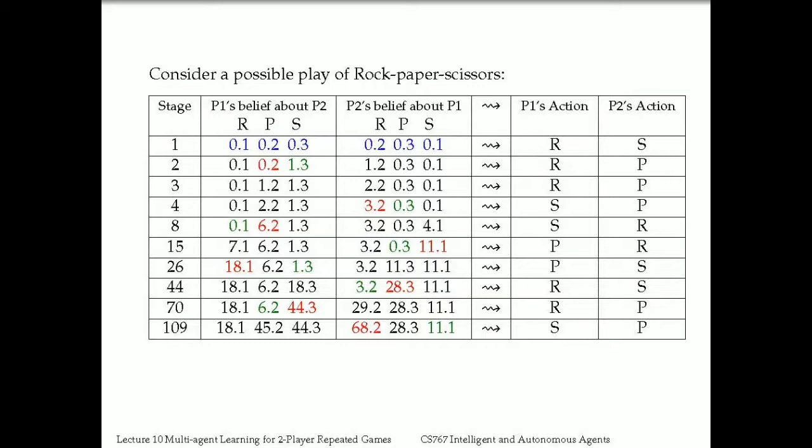So now the new belief is 1.2, 0.3, and 0.1. In the second stage, they will play corresponding to this updated belief iteratively. But what you can observe is that, first of all, the actions of the players alternate. But also you can see that there are some big swings in terms of the beliefs held by the players.